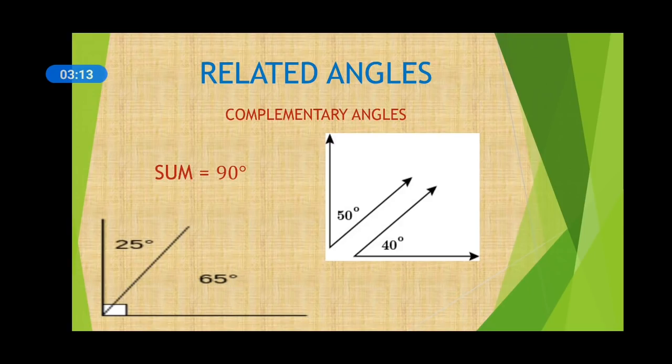Now what is the difference between the two examples given here? Can you identify the difference? In the first case, they are complementary as well as adjacent because there is a common arm between the two angles. But in the second case, they are not adjacent but they are complementary.